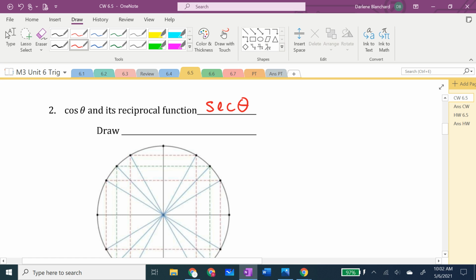SEC for secant. And do you remember that with cosine, I told you to draw what kind of lines? Because cosine represents x coordinates. So for a particular x coordinate, you want to draw a vertical line.